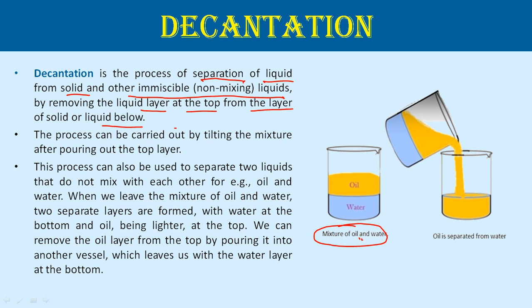As we know that oil and water cannot mix with each other, so we leave this mixture for some time, and two separate layers will be formed with water at the bottom and oil at the top. As we know that oil is lighter, it forms the layer at the top, and we can remove the oil layer from the top by pouring it into another vessel, which leaves us with the water layer at the bottom.